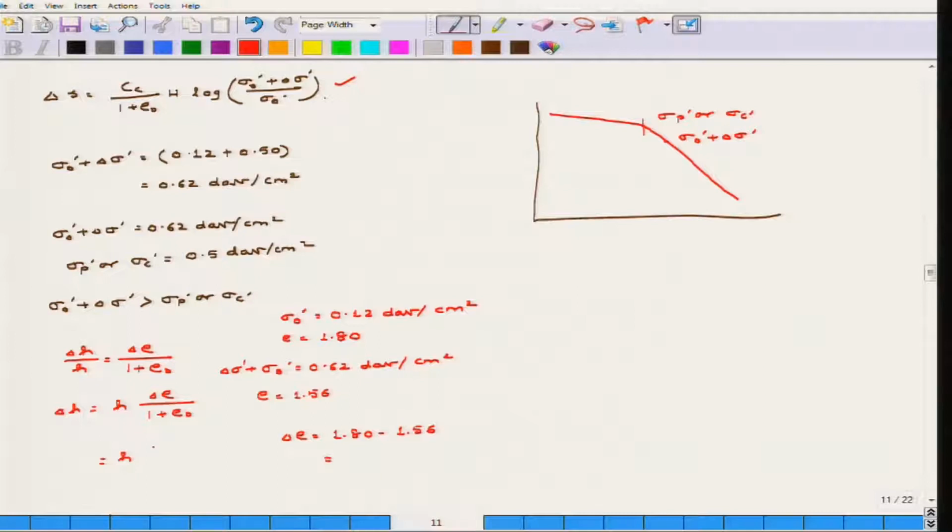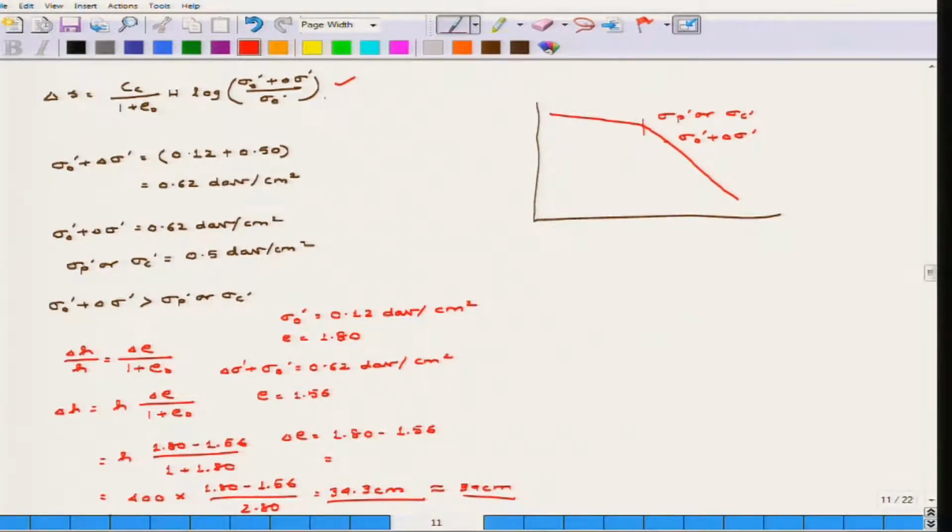Your original e was obviously 1.80, and H is the height of the clay layer, which I have already said is 4 meter, so 400 centimeter into (1.80 minus 1.56) by 2.80, which is equivalent to 34.3 centimeter, or about 34 centimeter. So this is the settlement.